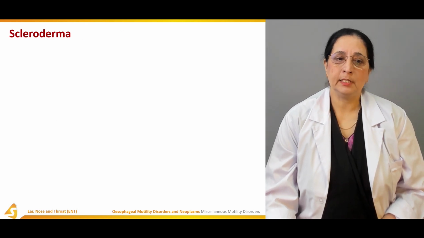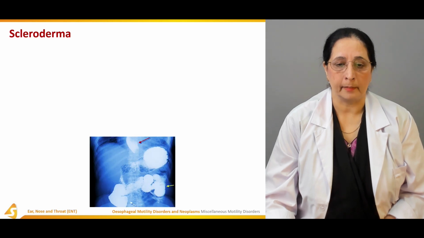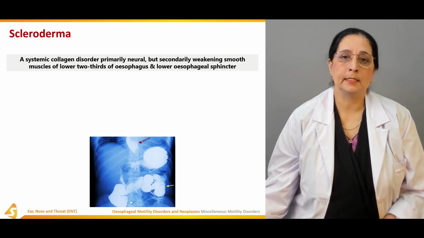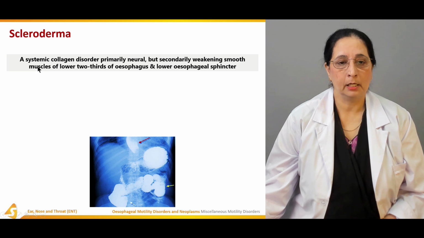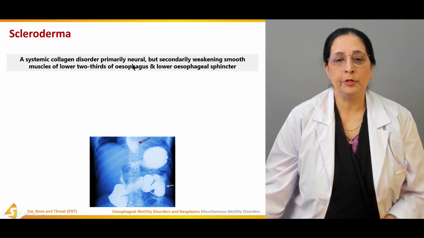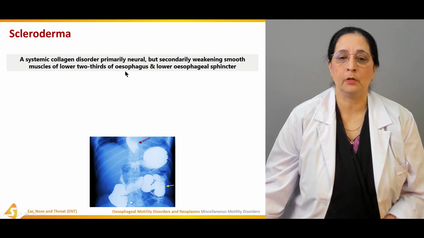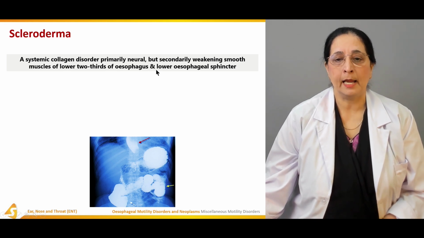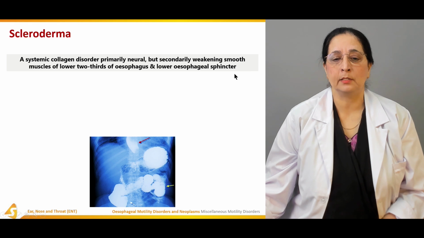Next condition, scleroderma. Scleroderma is a systemic collagen disorder, primarily neural but secondarily weakening smooth muscles of the lower two-thirds of the esophagus and the lower esophageal sphincter.